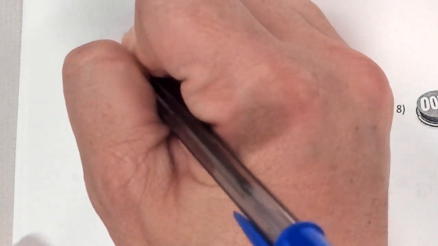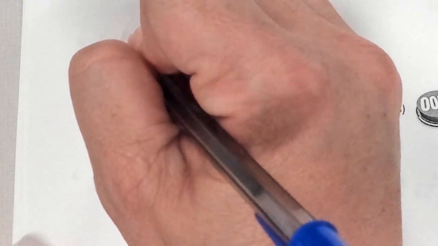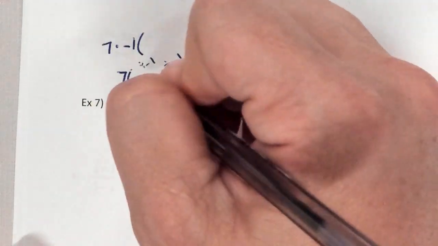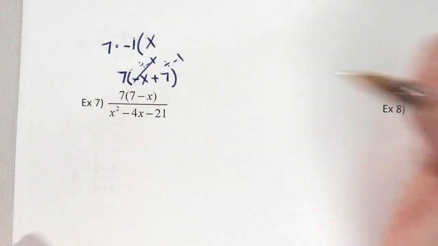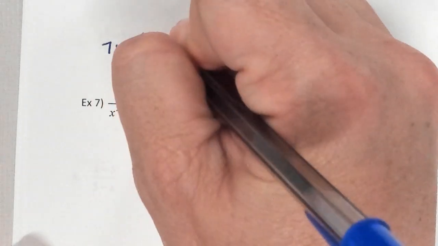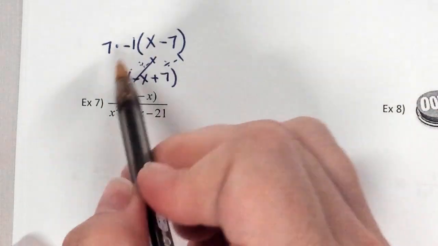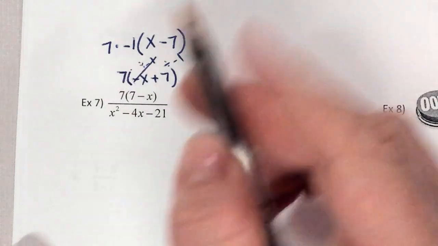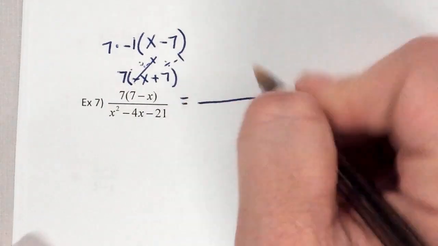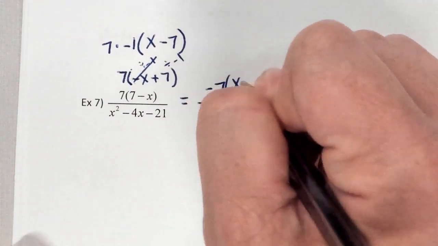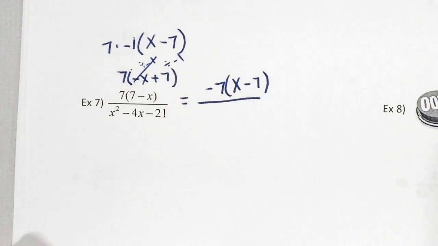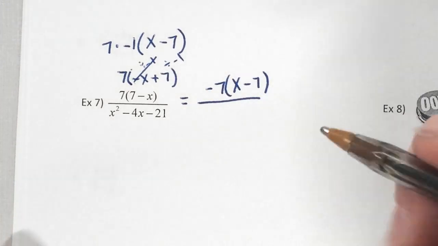There's no sign in the middle, which means multiply. And I'm taking out a -1. Well, the negatives here cancel, and I'm left with just x. What's 7 divided by -1? -7. But because this was multiplication, what's 7 times -1? Negative. So it's -7x minus 7. That's why that negative goes in the front.